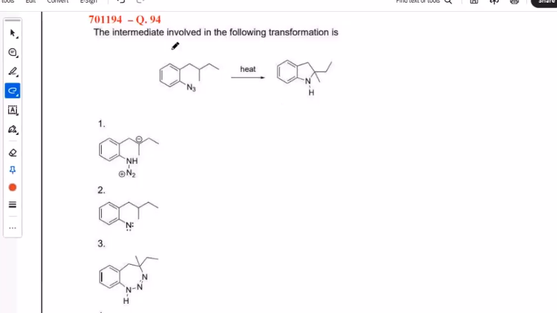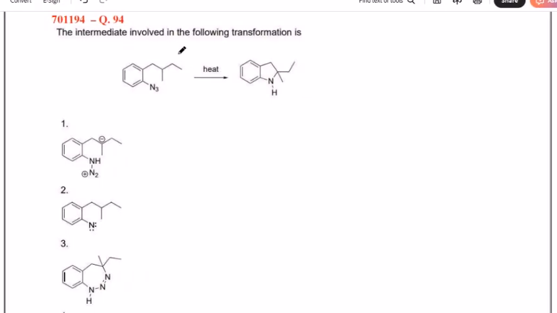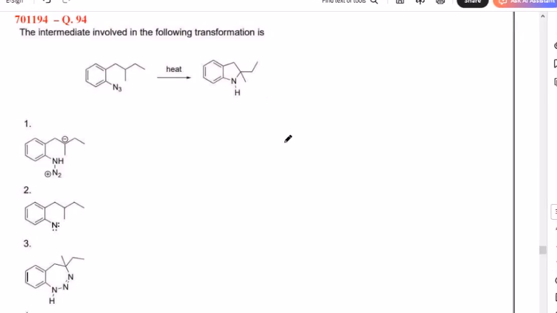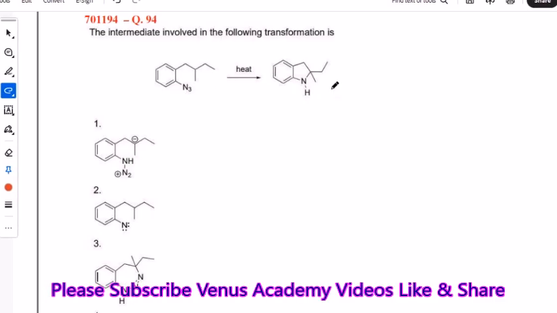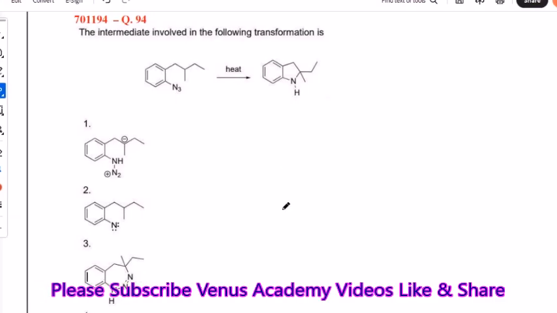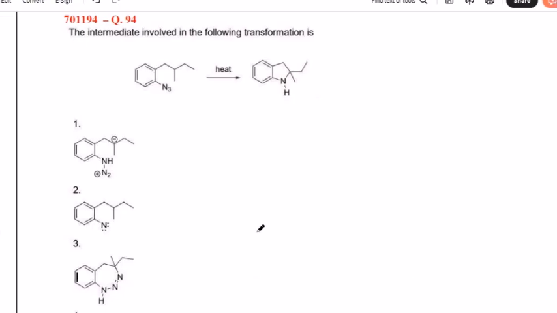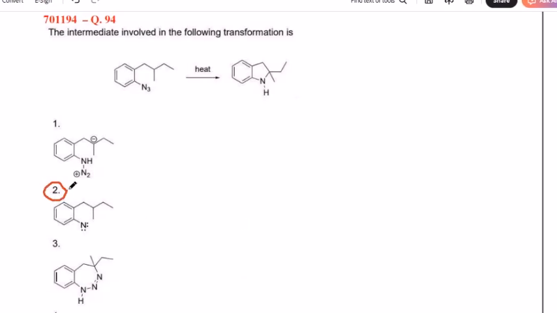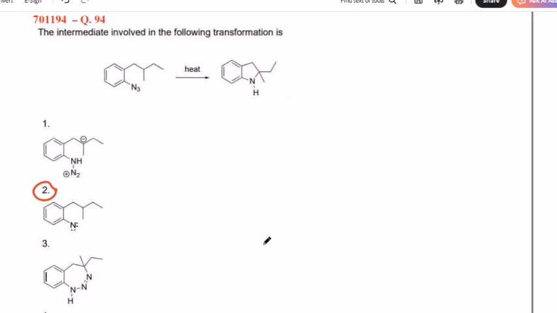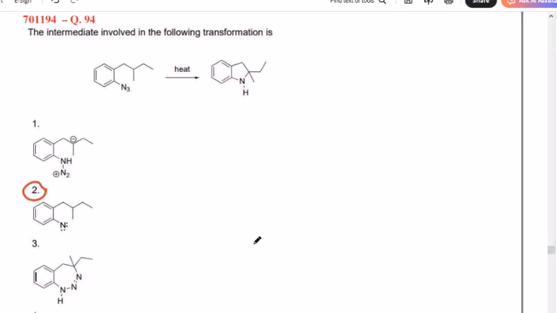Next, question number 94, the intermediate involved in the following transformation is, right, azide, it is going to cyclize in the presence of heat. So what is going to happen, right, it is going to involve this intermediate. Option number 2 is the correct option friends.